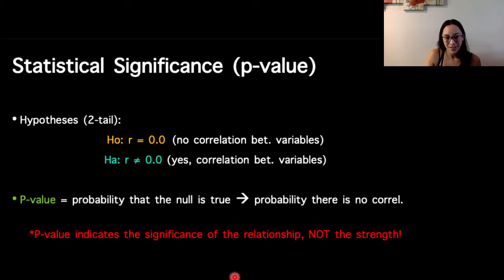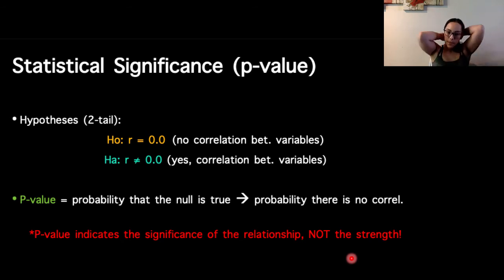And I have an extra note down here, that the p-value indicates the significance of the relationship, not the strength. I do get some people who say, the p-value was 0.05, therefore the relationship was weak. Or the relationship was not significant, therefore it's weak. And that's not an accurate statement.